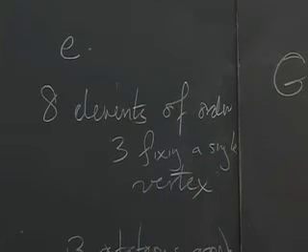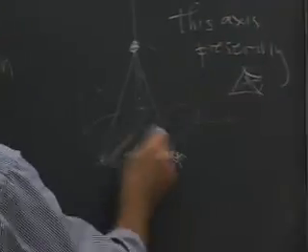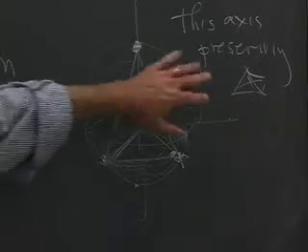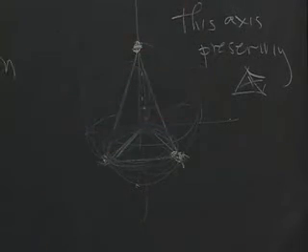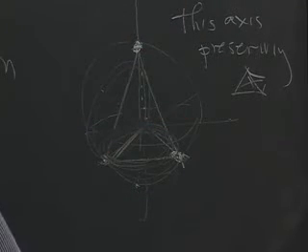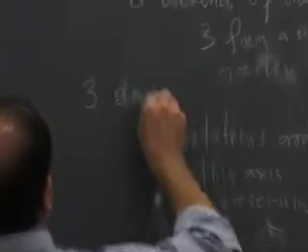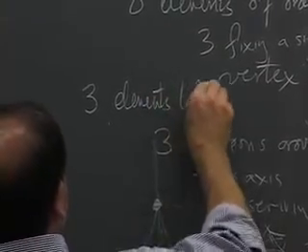Because each vertex gives you 3 elements, but one of them is the identity element, so you get these 2 non-trivial rotations, and you get 8 rotations that way. So there are only 3 elements left in the group, right? 3 elements left, because there are 12 elements in the group.